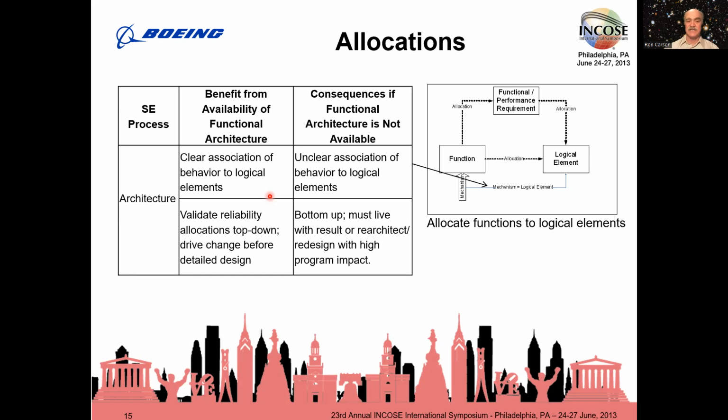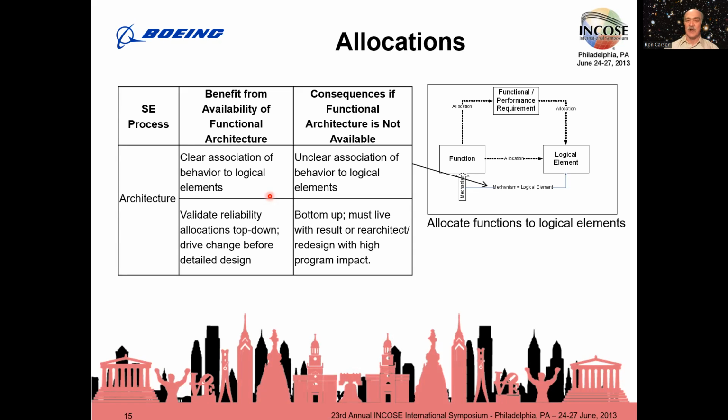Functional allocations become more clear when we're able to identify the logical elements, the system level function, and then the functional allocation, subfunction allocation, and then derive the related functional performance requirement associated with that function and allocated to the logical element.